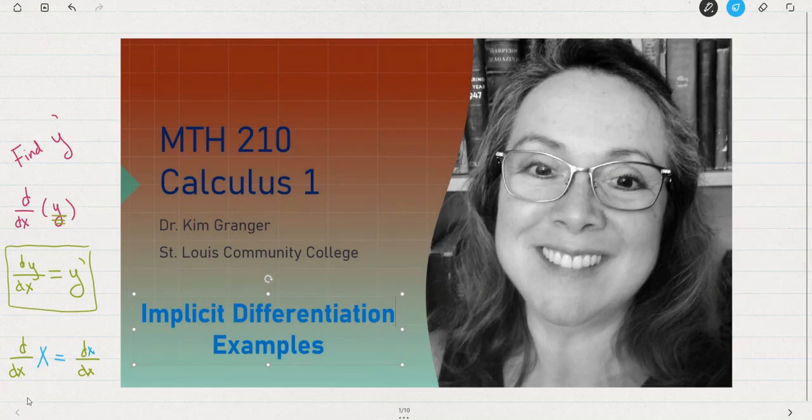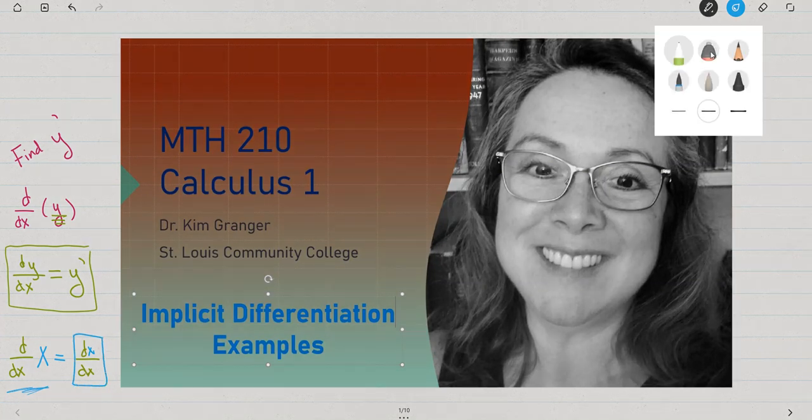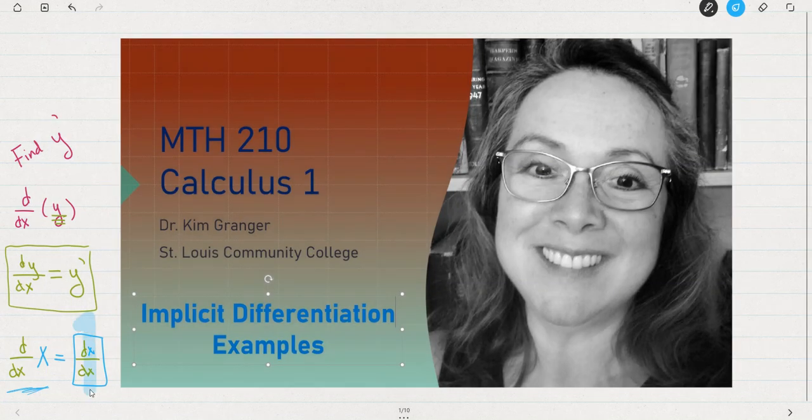The derivative with respect to x of x is the same as a derivative of x with respect to x. And what does that look like? It looks like a big happy 1, right? dx over dx, that's just 1. And that's why in the early start to derivatives, when we said that the derivative with respect to x of x, we just called it 1.